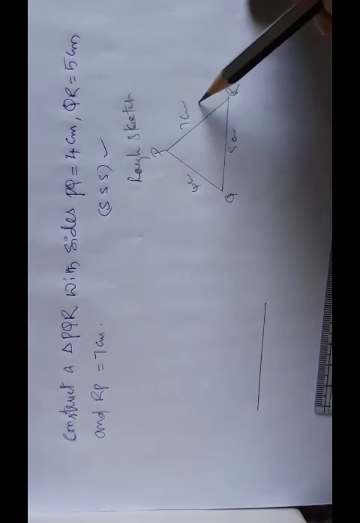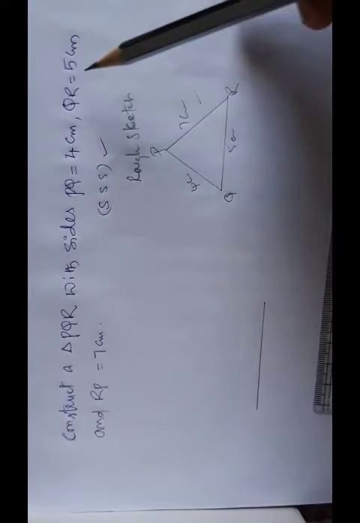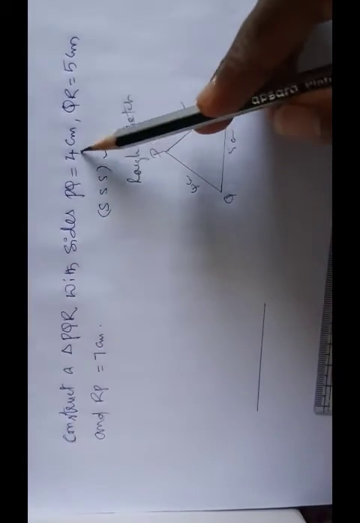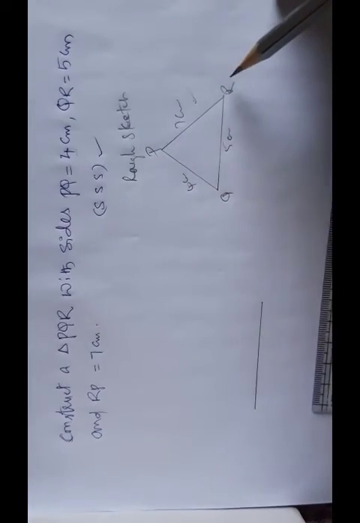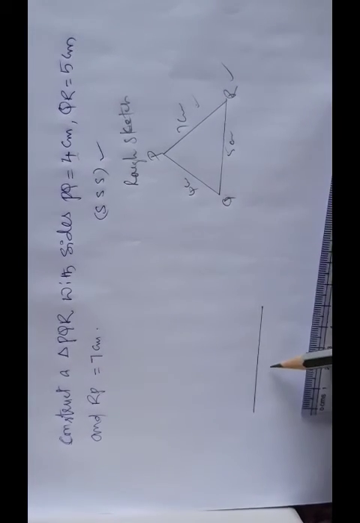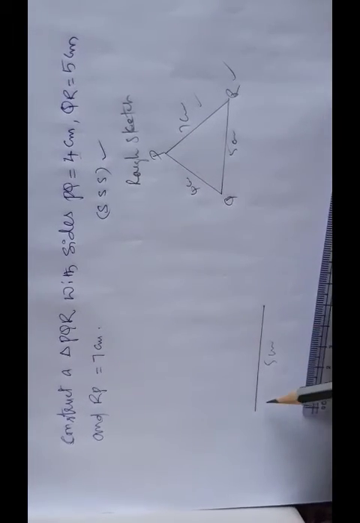That means RP is 7 centimeter. This is PR. And QR is 5 centimeters and PQ is 4 centimeter. This is very important. And yes, I forgot the labeling of PQ, that name is very important. So first, 5 centimeters I have drawn, that is QR.